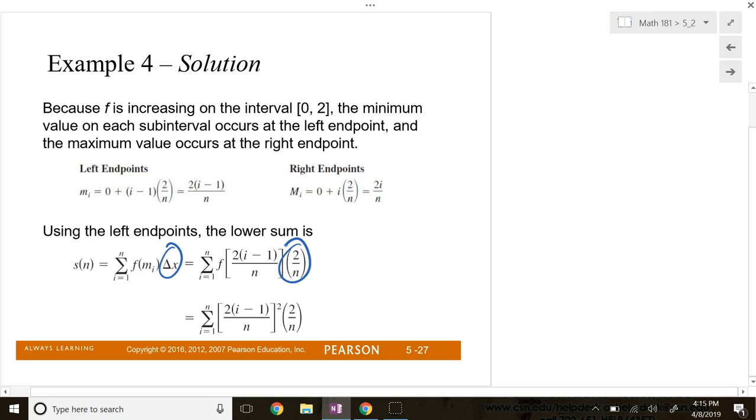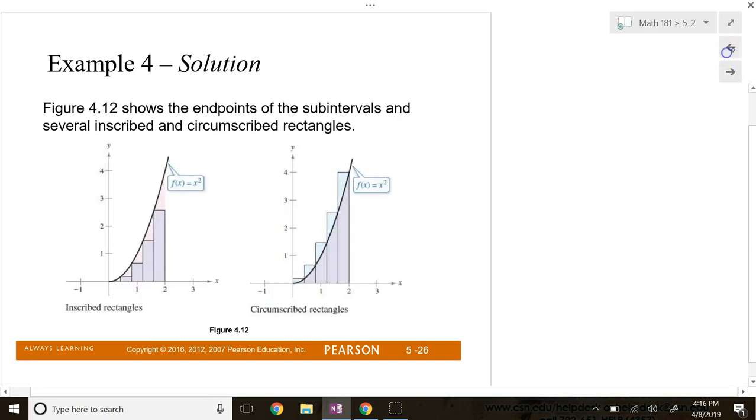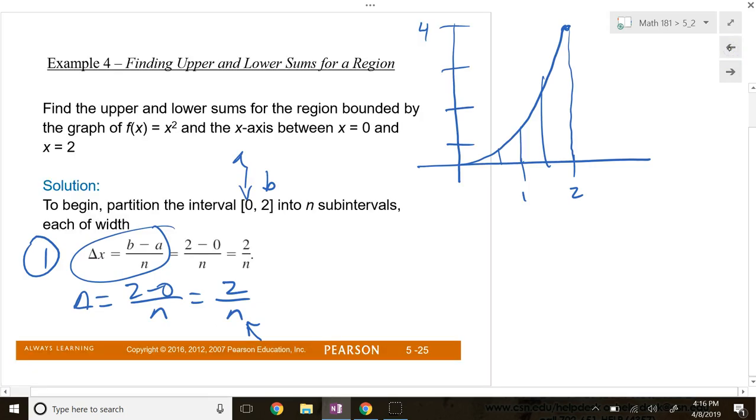If we're going to use the left endpoints, where would it be? Go back here. The left endpoint, if I was to do it in terms of 4 subintervals, would be these. This would be our left endpoint: this is the half, this is the 3 halves, or 1.5.